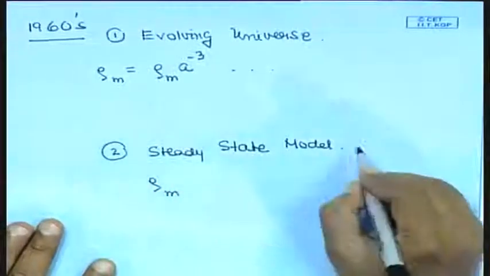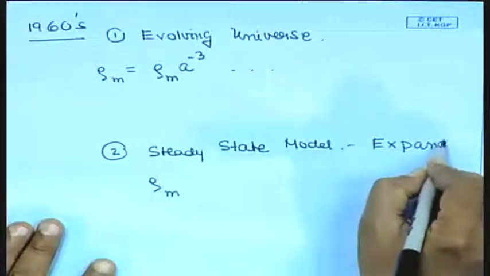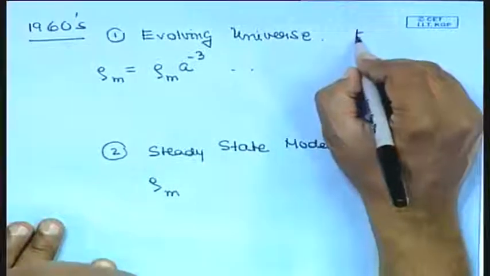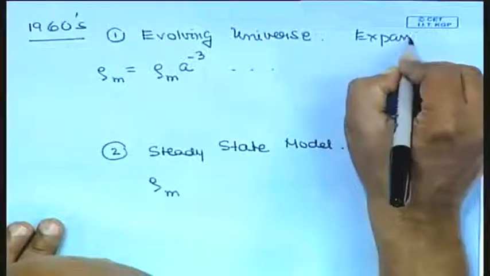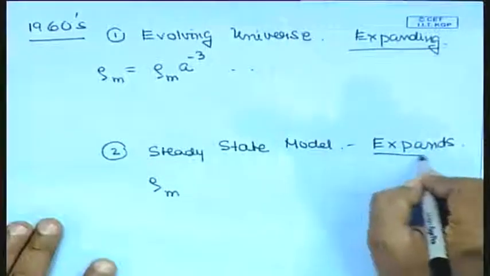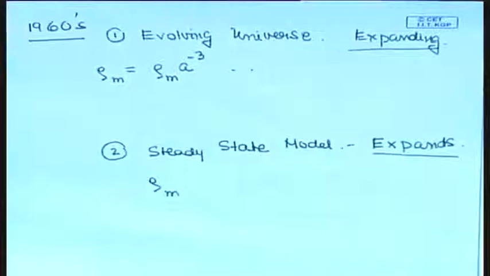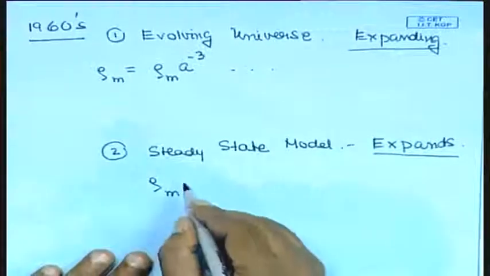So the universe expands in this model also, that is an observed fact. Both of these models have an expanding universe, but in the steady state model you have to have matter being created so that the density remains constant. Okay, so nothing evolves in this model.